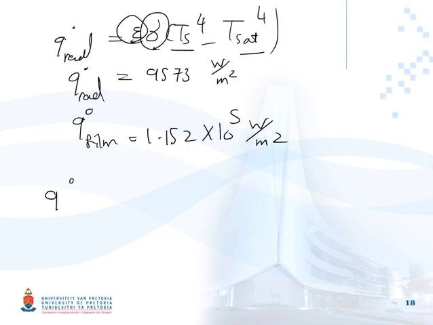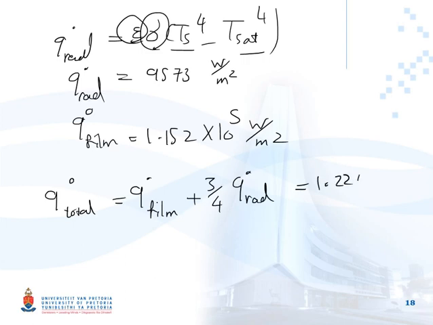So Q dot total is equal to Q dot film plus 3/4 of Q dot radiation, which is 1.124 times 10 to the power of 5.